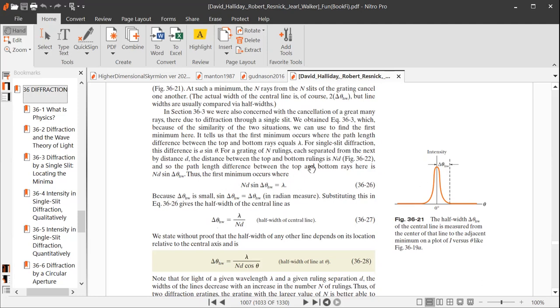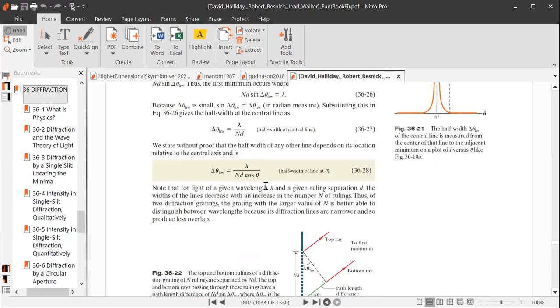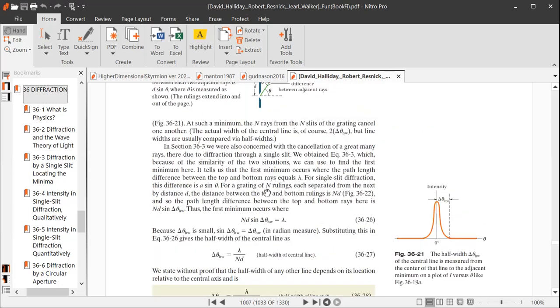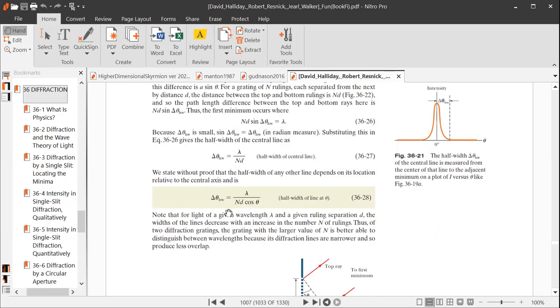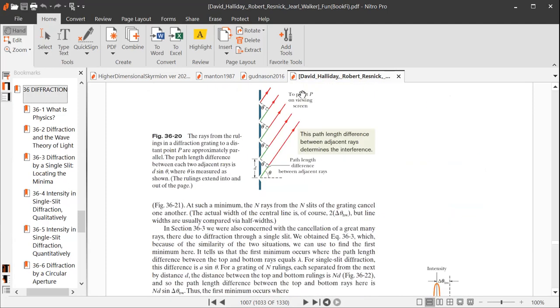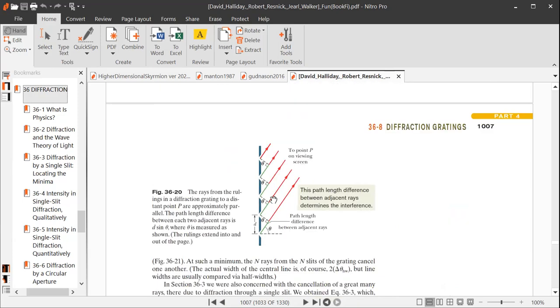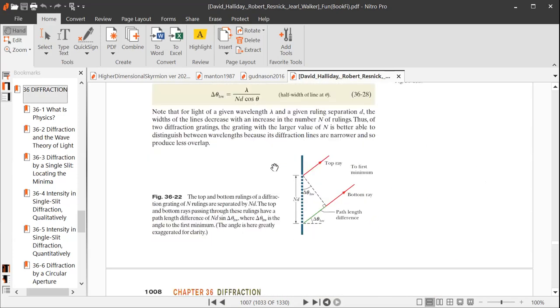This is for the first minimum. For the maxima, delta theta HW is lambda over N d cos theta, so this theta is related to this theta.